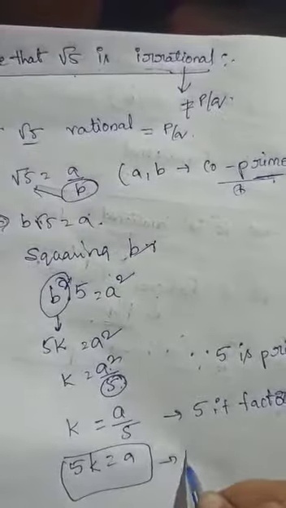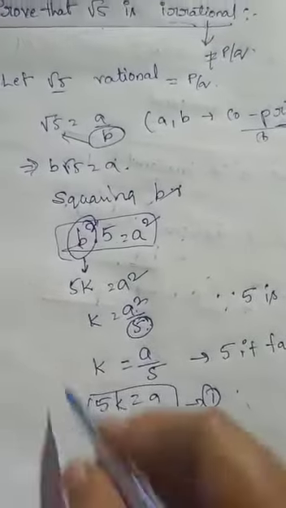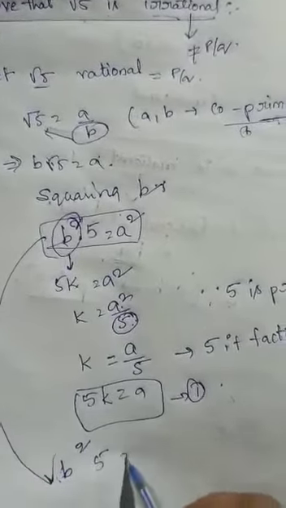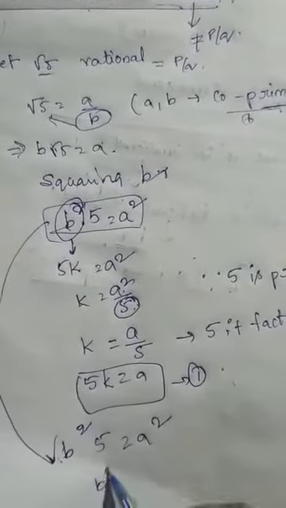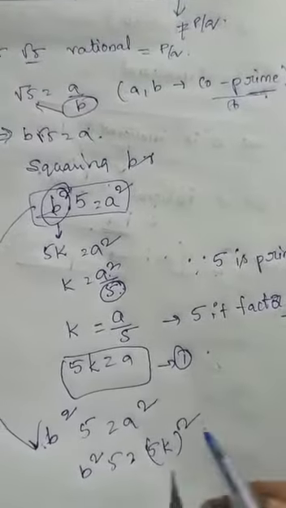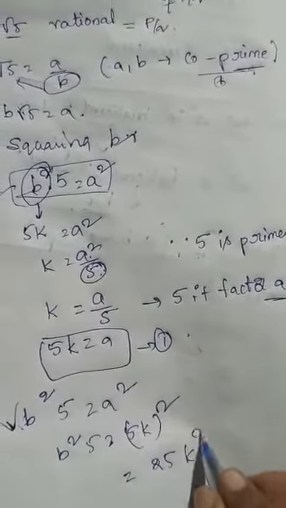This is equation 1. We know b square into 5 equals a square. We know the value of a is 5k, so b square into 5 equals 5k whole square, which is 25k square.